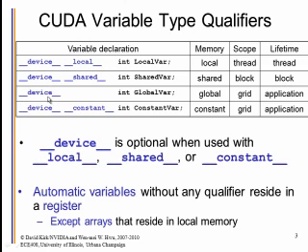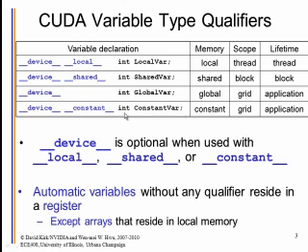Then you can also use just __device__ without local or shared. In that case you specify a variable to be in global memory, and the scope is the grid: all the threads in all blocks can access it. The lifetime is the application; once the application is running, the global memory is there. The last one is constant memory.